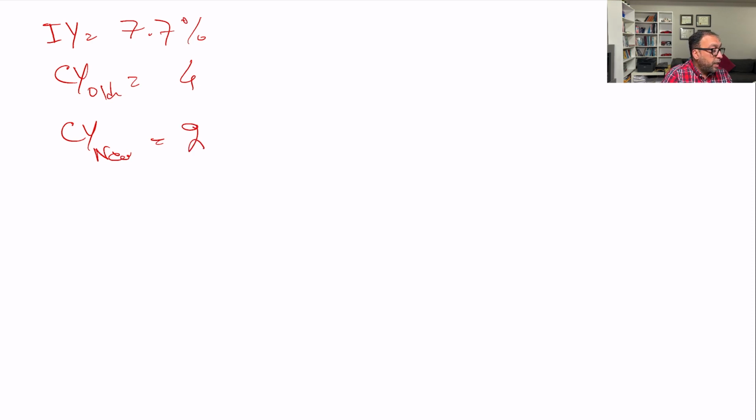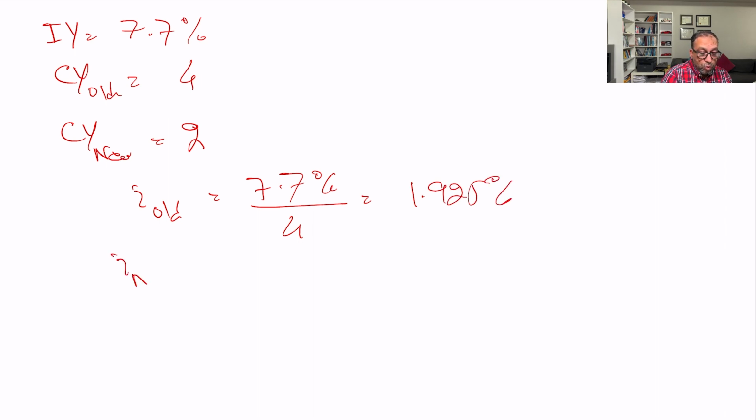And now we can apply the formula for I old, which is equal to 7.7% divided by 4, which is 1.925%. And now we have to find out I new with this, which is 1 plus 0.01925 exponential 4 divided by 2, minus 1.